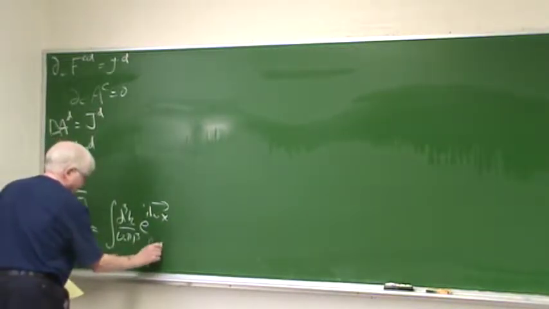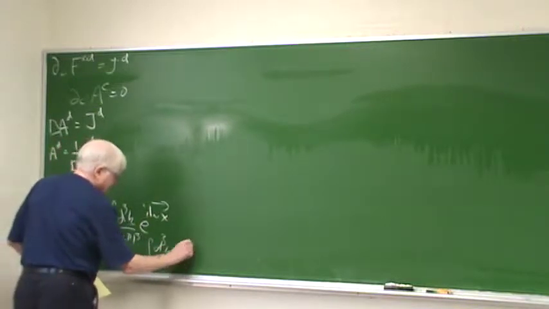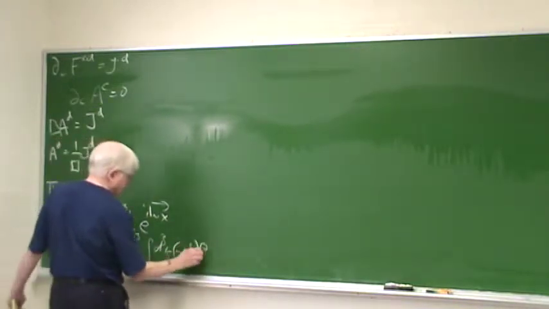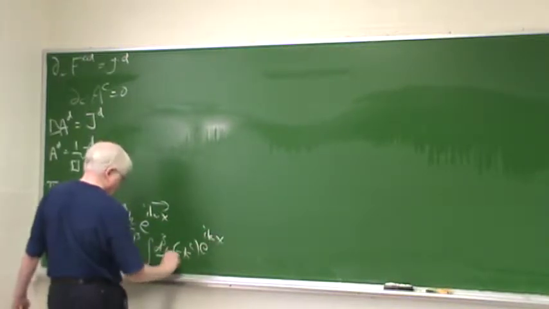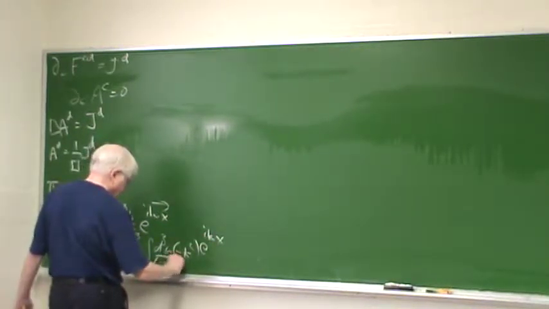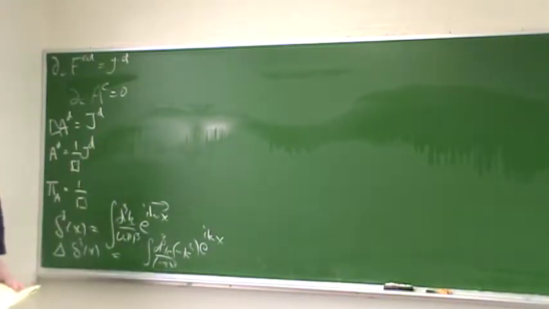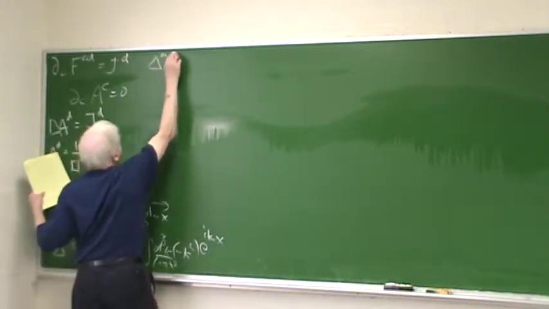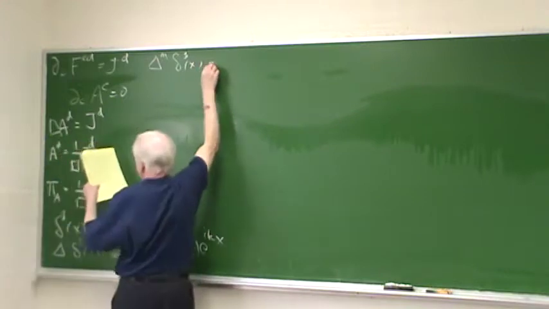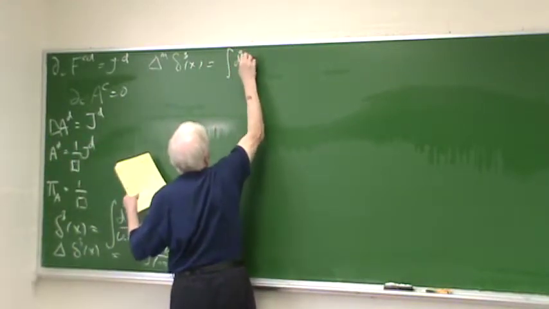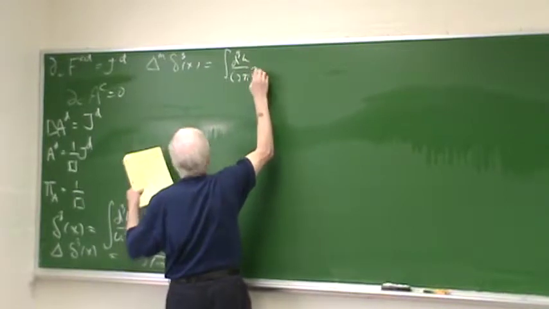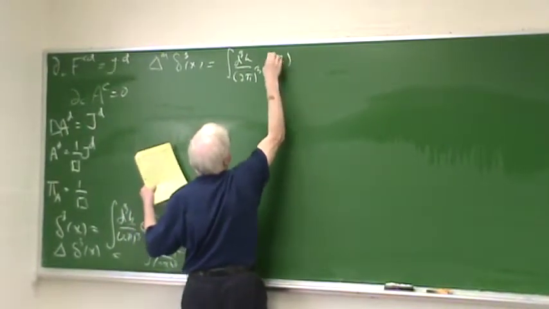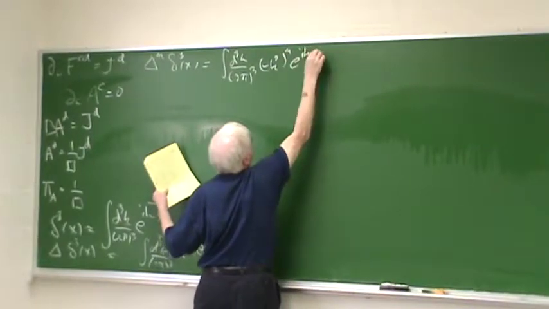Well, this is an integral d cubed k, and then you get minus k squared here because of the i, and then again you have (2 pi) cubed. And in fact, it's easy to see that you can iterate that and say you have the Laplacian to the n on delta cubed x is an integral d cubed k over (2 pi) cubed, then minus k squared to the n e to the i k dot x.